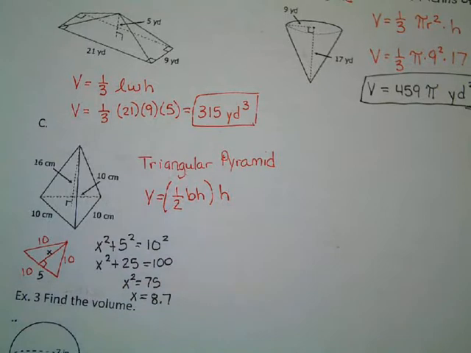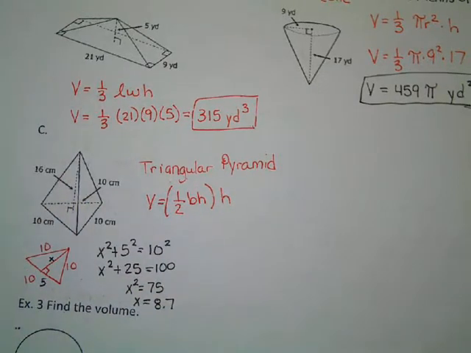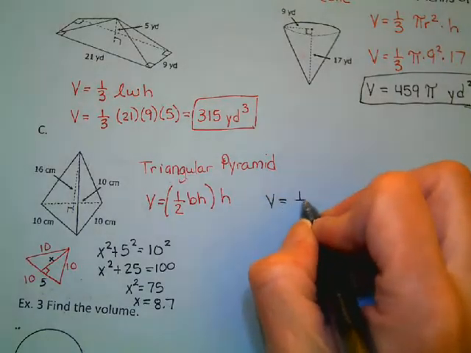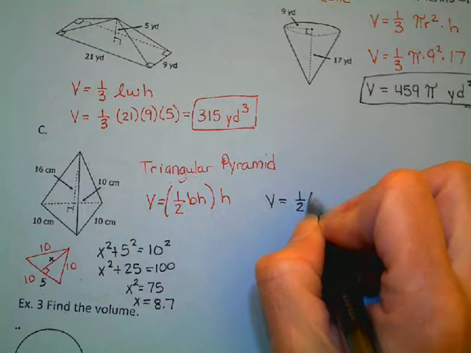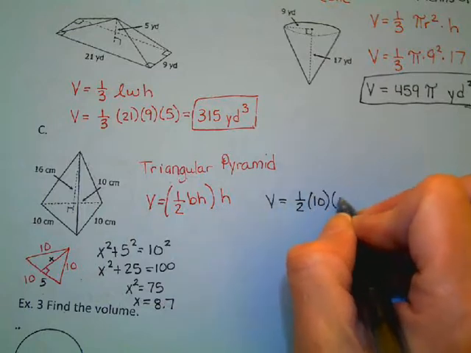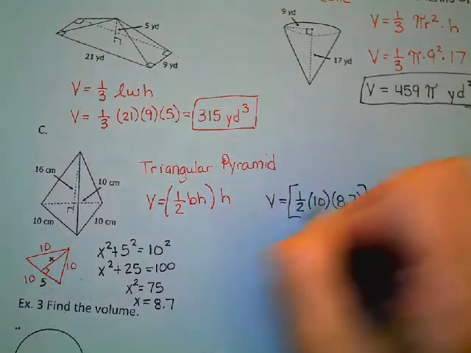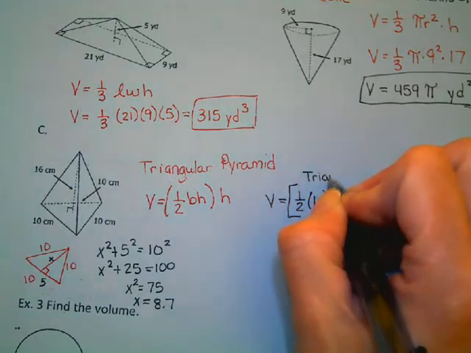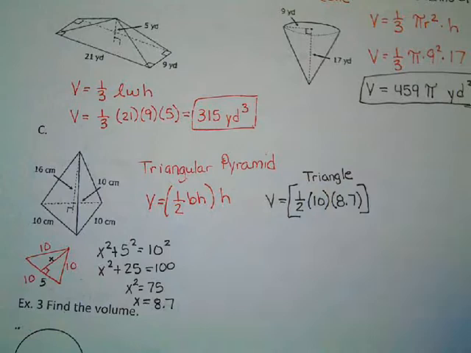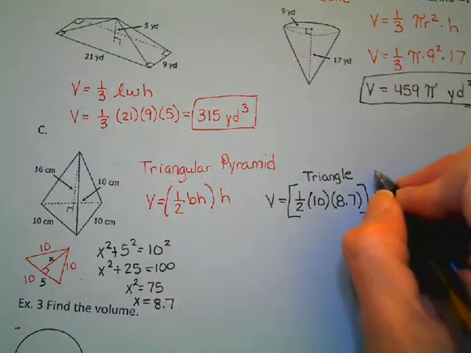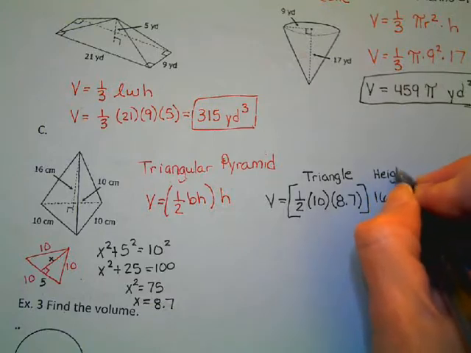So when I go over here to do my formula, I would say the volume equals 1/2 times 10 times 8.7. So those numbers represent the triangle part, the base. And then we also would have the height of the pyramid, which is 16. And then the other thing that I forgot to write at the beginning, so maybe I'll write it at the end, was the 1/3.